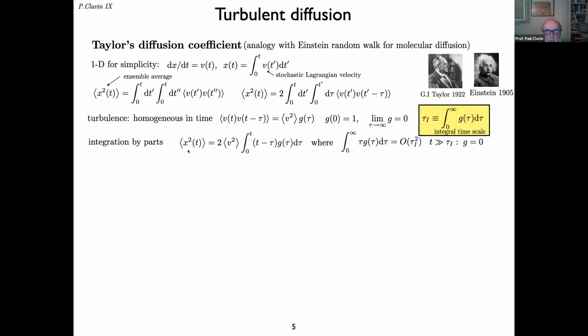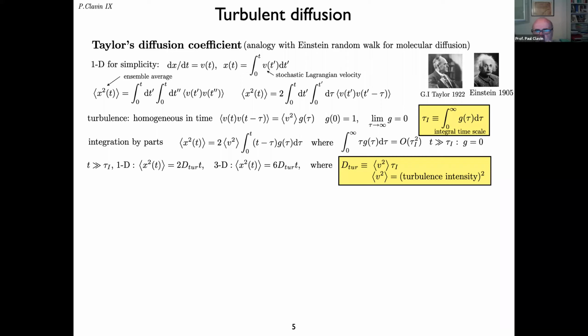This integral is proportional to the square of what is called the integral time of the fluctuation, and assume that this integral is finite and of the order of the integral time square.